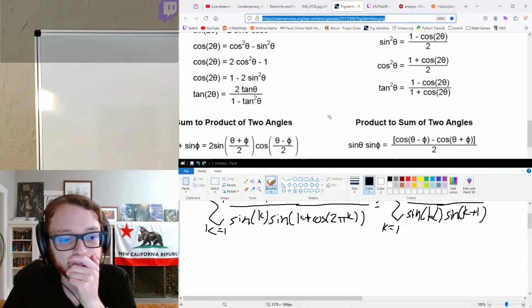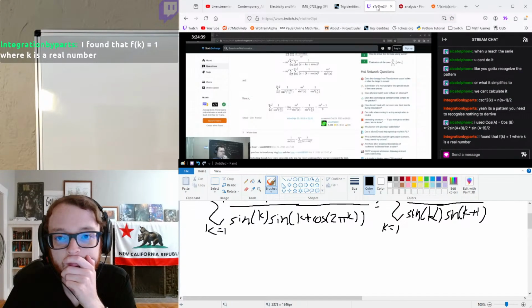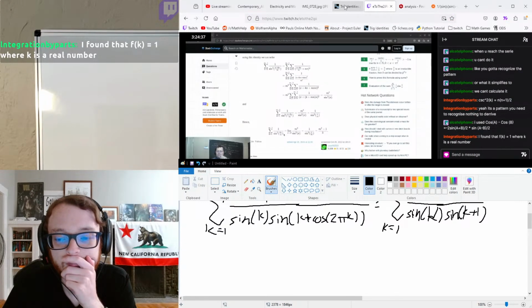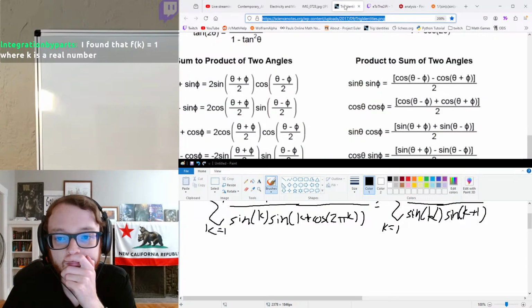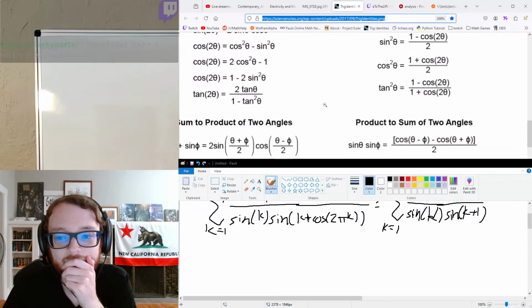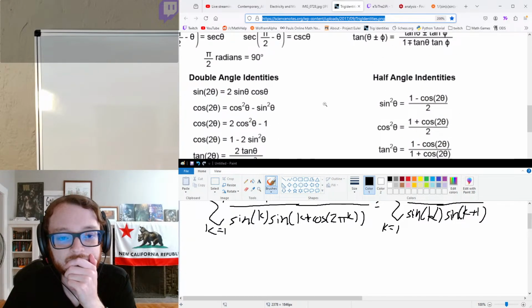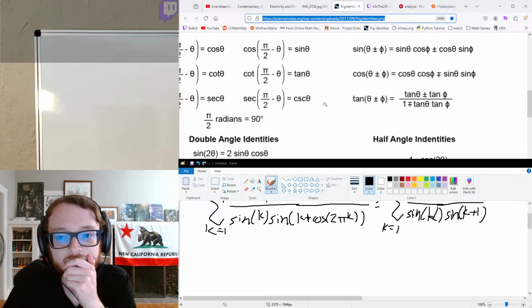That's really interesting. So found that f of k equals 1 where k is a real number. Yeah, and I believe that. Huh. That's interesting because I would have expected that to be for integers.